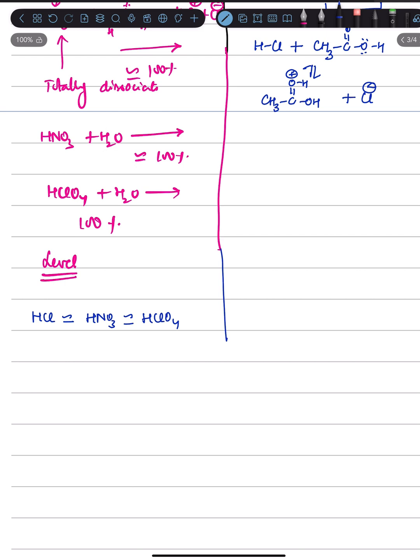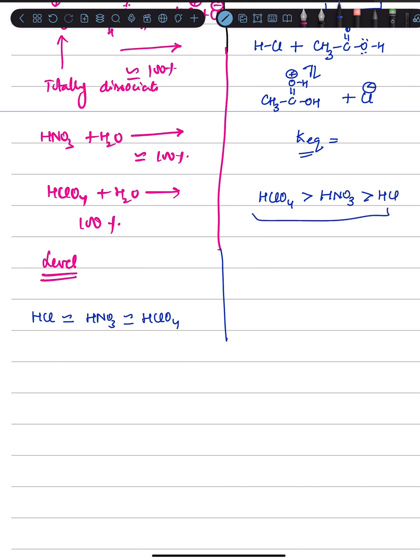So when we observe their acid strength in terms of the equilibrium constant or the dissociation of acid in acetic acid, what we observe is that the acid strength of perchloric acid is more than nitric acid, which in turn is more than hydrochloric acid.